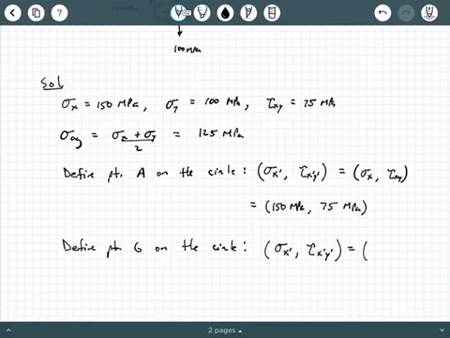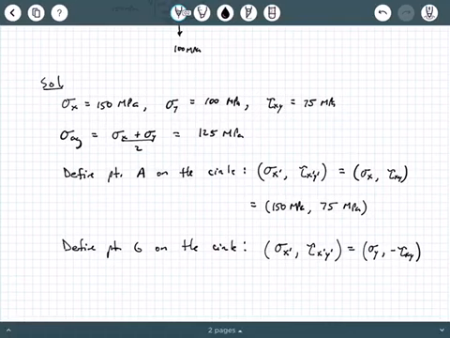And then in a similar way, we're going to define point G on the circle. And with point G, that's going to be based on a 90-degree counterclockwise rotation.